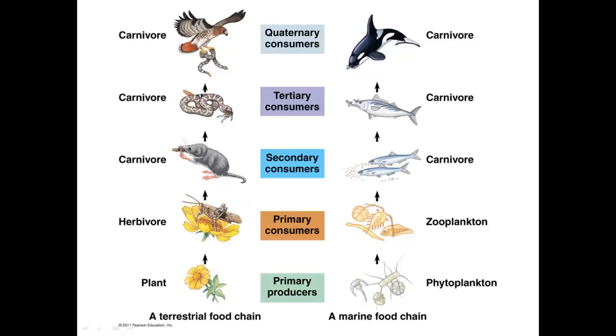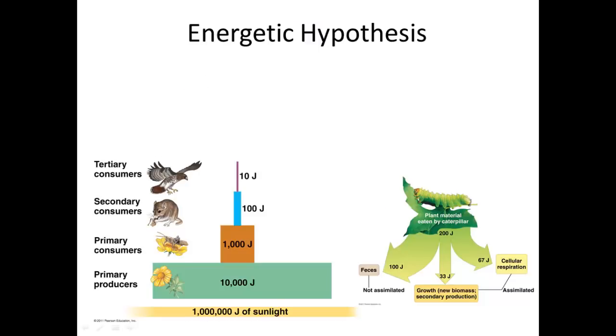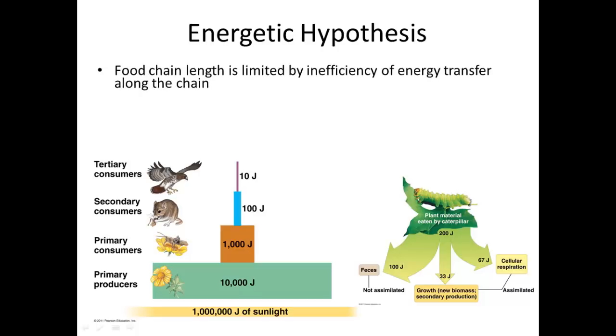Now, at each level, you have the loss of abundance in these species. And the reason for that is this energetic hypothesis. Basically, the food chain, how many levels you can have, is limited by the inefficiency of energy transfer along the train. So whenever something eats something, it doesn't use all of the energy available. Some of it is lost as wasted byproduct, usually as heat. So at each level, you have less and less available.